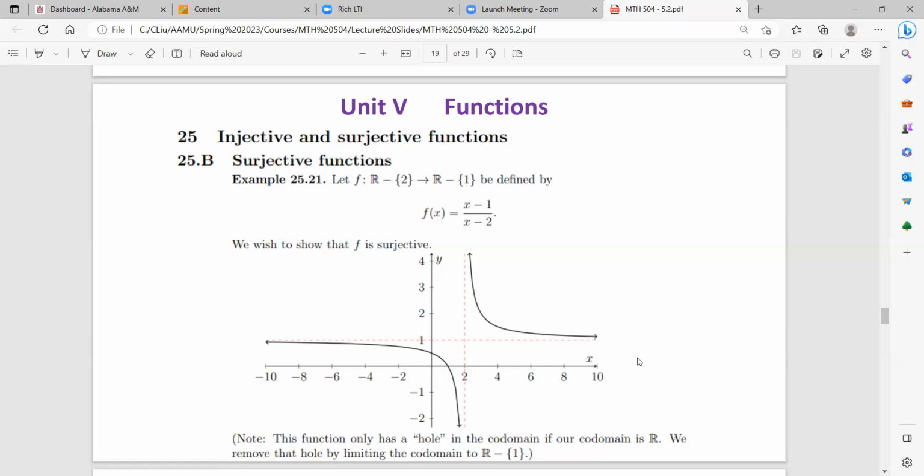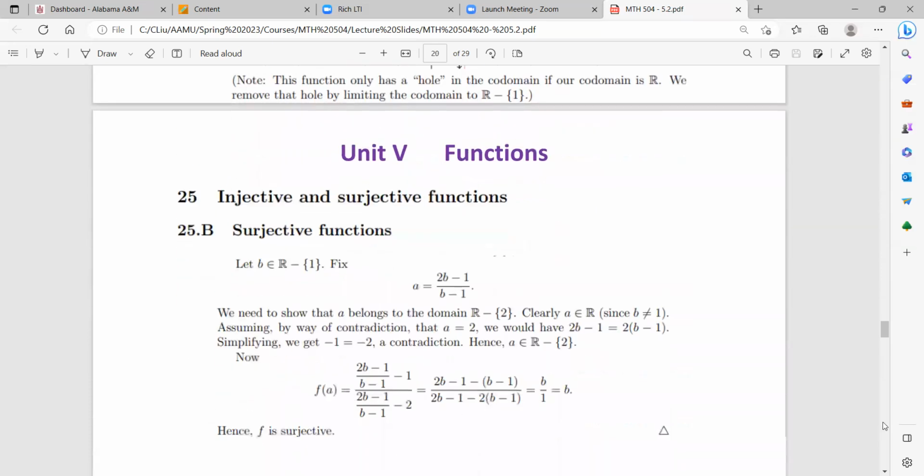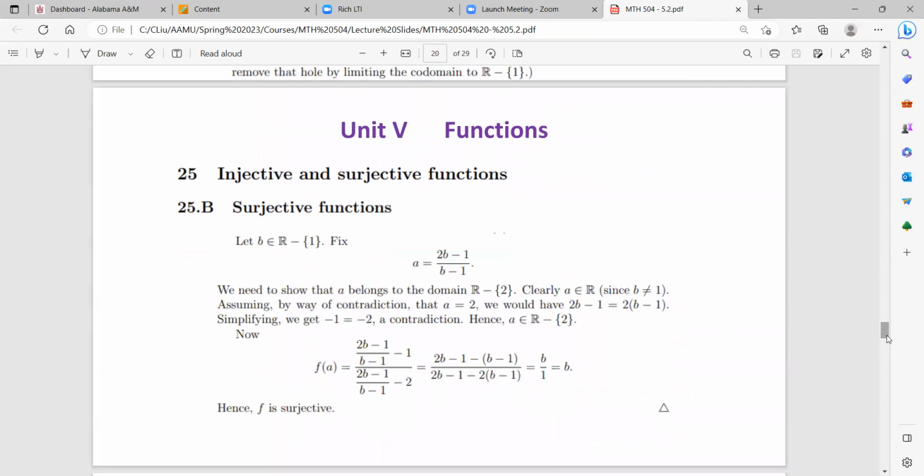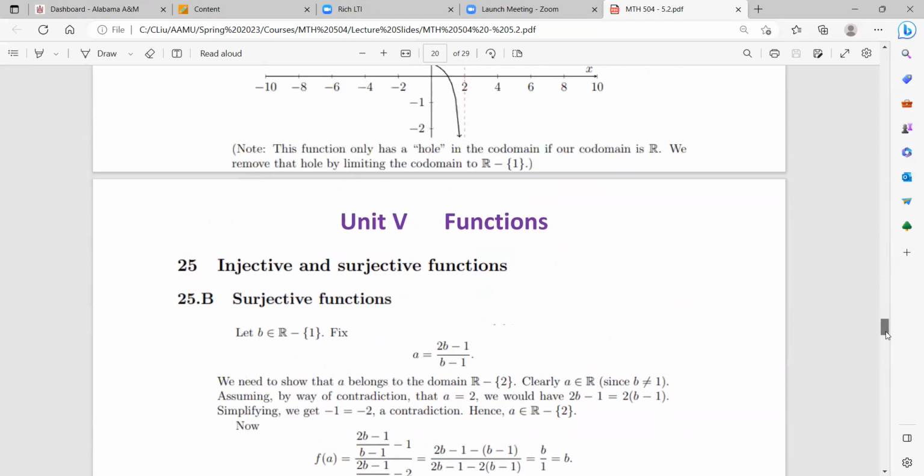So in other places except 1, it does not have a hole in the codomain. So we just limit the codomain to R minus {1} and remove this hole. And then how do we prove this is a surjective function?